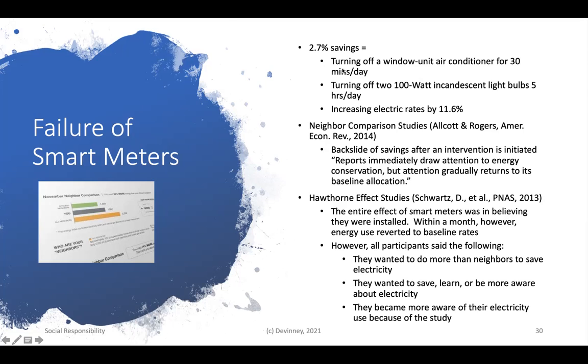Despite the fact that participants wanted to save and learn about electricity, what they found is that the entire effect of smart meters was a Hawthorne effect. People were responding to the experiment of having these things installed, but after a month, the energy utilization had reverted back.